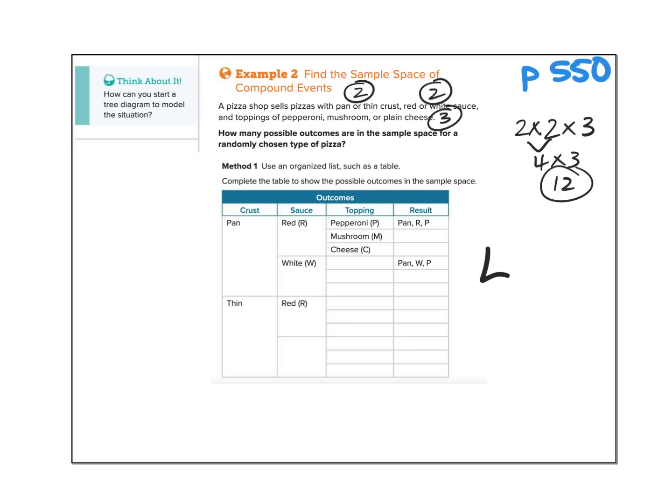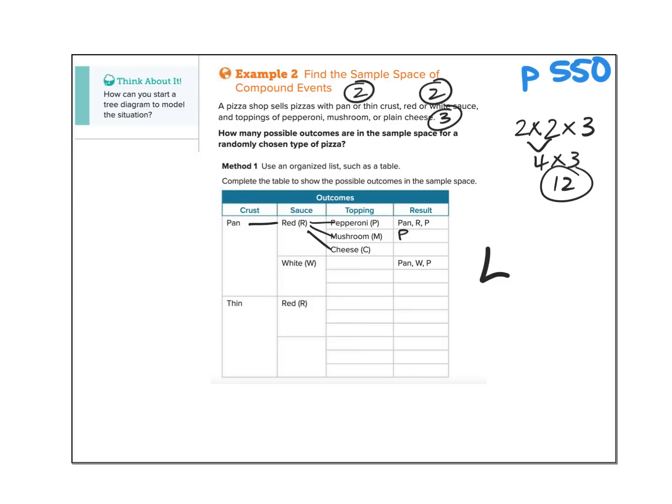Now, if I try to fill in the table, you guys can probably see how this works. I'm not going to fill in the whole thing, but we can clearly see how this works. He can get pan, red, and pepperoni, or pan, red, and mushroom, pan, red, and cheese. That would be my choices.